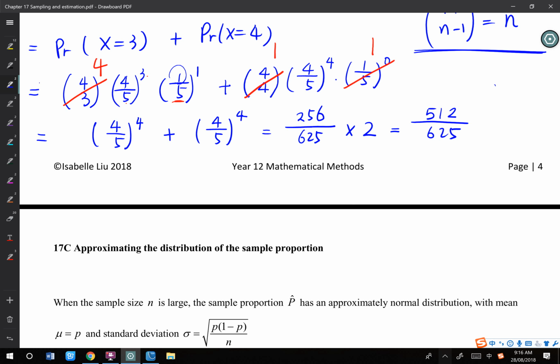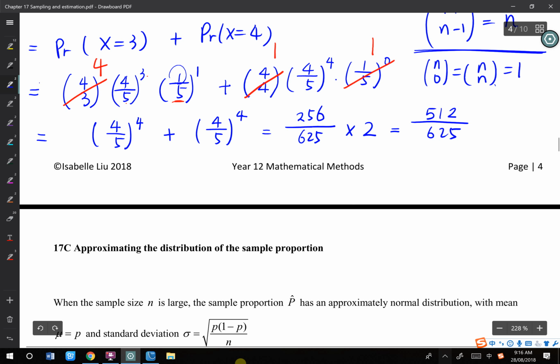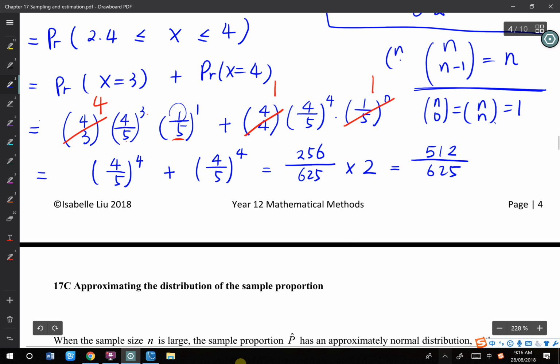And normally the nCr you will have is n choose 0 equals n choose n, which equals 1, or n choose 1 equals n choose n minus 1, which equals n. They normally give you those 4 numbers because it's easy for calculation.